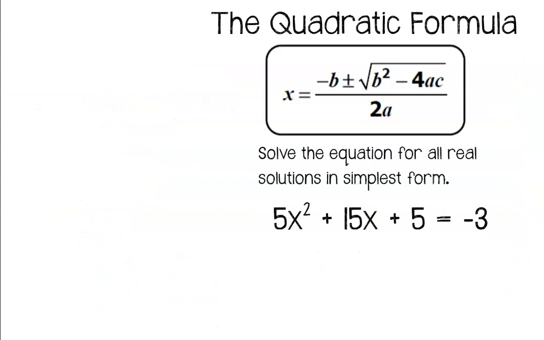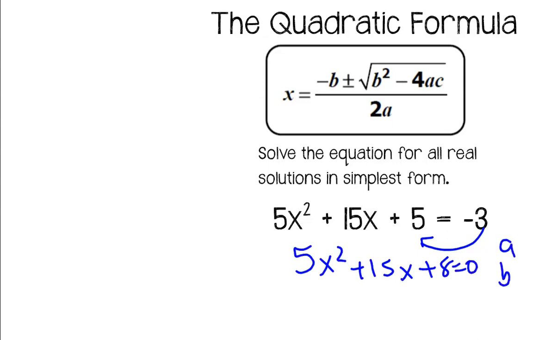Again, make sure that your equation is in standard form. So 5x squared plus 15x plus 8. Identify A, B, and C. A is 5, B is 15, C is 8. Plug them into your formula.